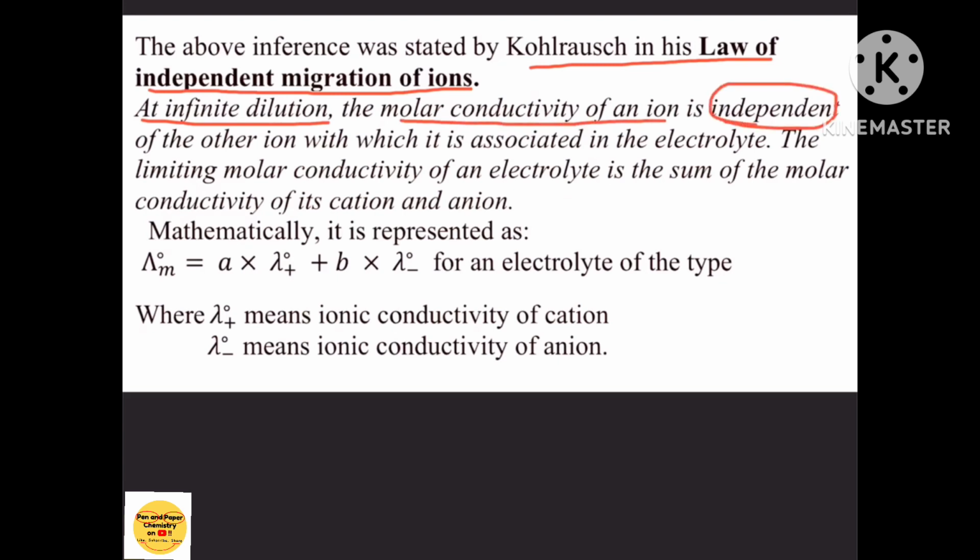That's why the name is law of independent migration. It is independent of the other ion with which it is associated in the electrolyte. The limiting molar conductivity of an electrolyte is the sum of the molar conductivity of its cation and anion.